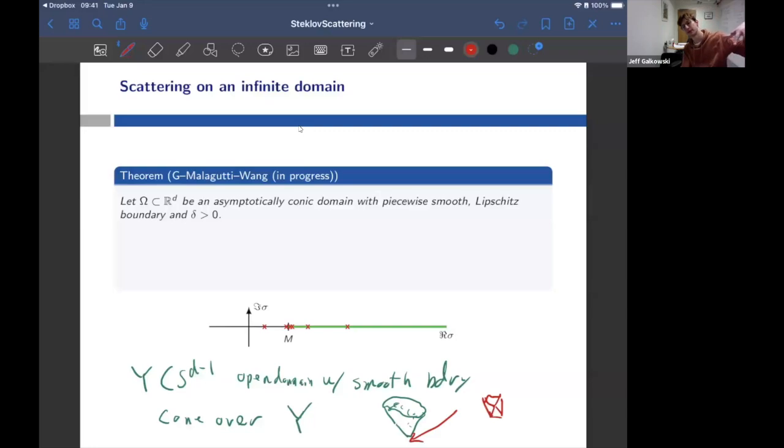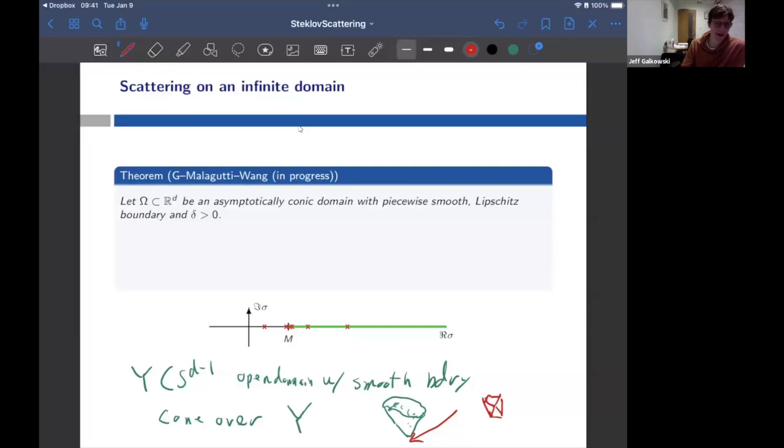The infinity must be smooth, at least for the moment, and that's one of the obstacles one has to deal with if you want to go to higher dimensions. Quick question: so Y has to have a smooth boundary here, not piecewise smooth? That's right. Y has to have a smooth boundary. If you want to go to higher dimensions, of course, you need to deal with that problem eventually. But right now, smooth near infinity. One thing you can do is the honest-to-God cone, right? That's allowed.